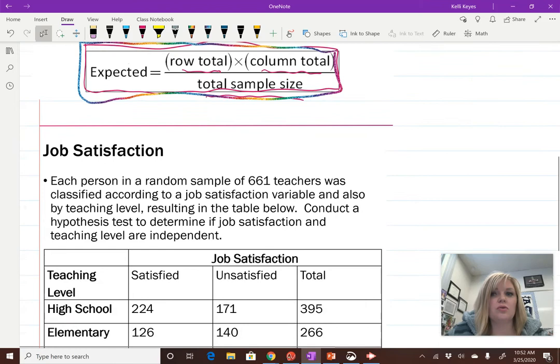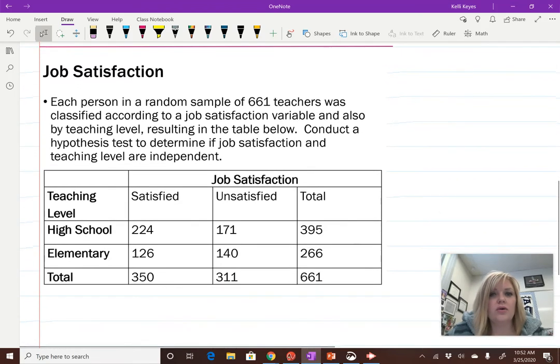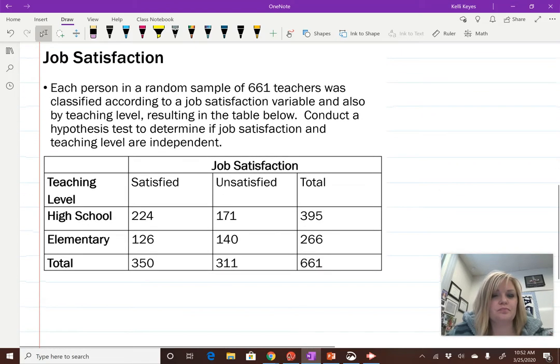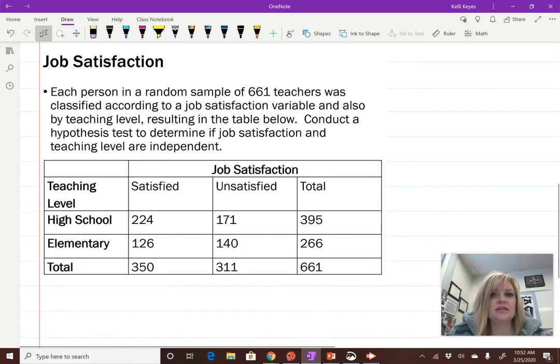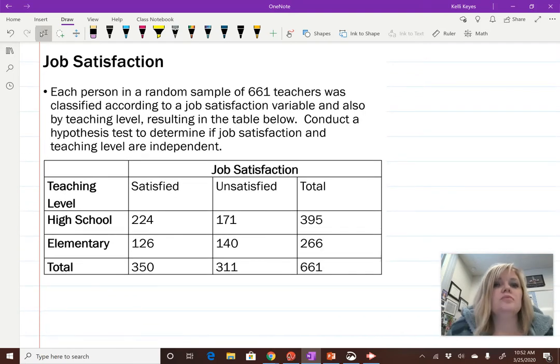All right, so we are going to look at this poll of 661 teachers. They were asked their teaching level and whether they're satisfied with their job or not satisfied with their job.